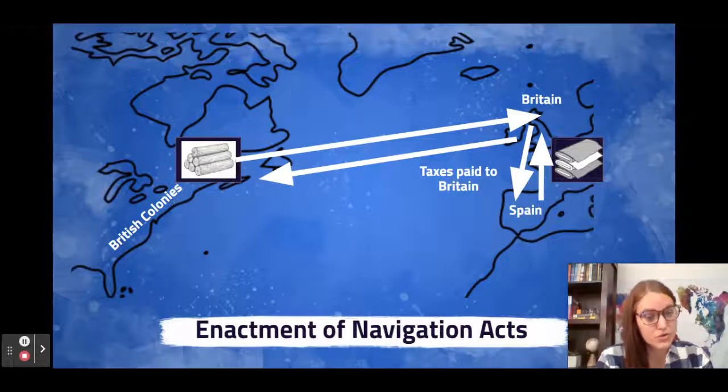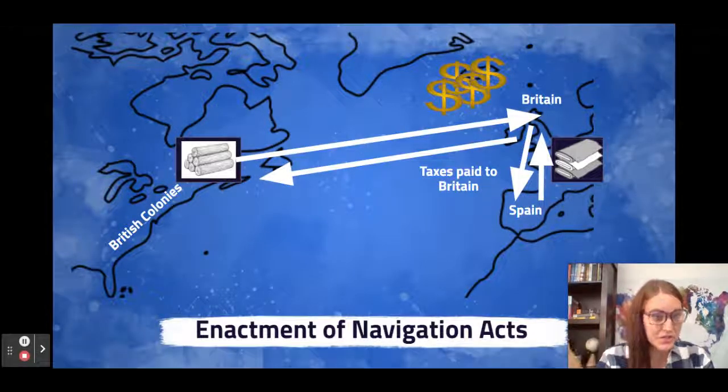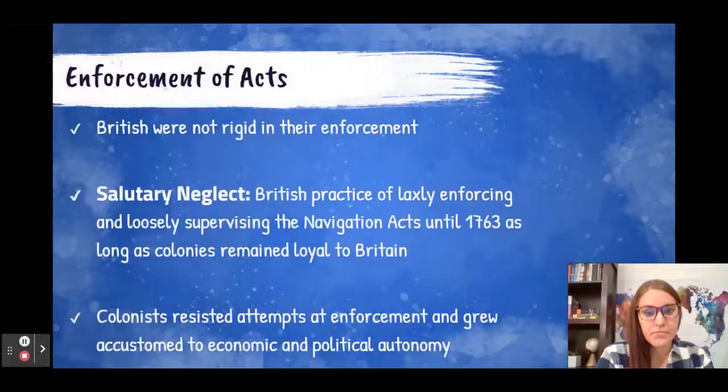Now, whether the consumers pay those taxes or whatever, that changes. But what happens is the wealth ends up shifting to Britain. Now, that's not to say that the colonies all of a sudden become poor. It's just that Britain is going to be in more control, and they are going to be able to make a lot of money or revenue from the taxes paid.